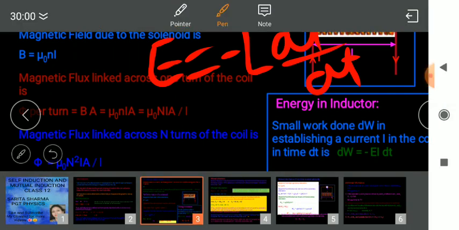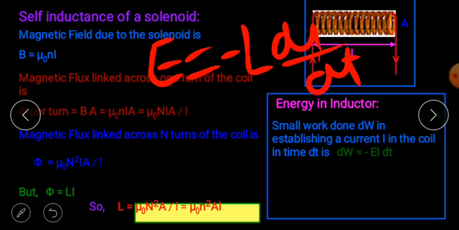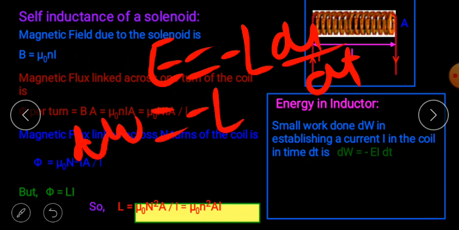We know that work done dw equals minus e into dq, and dq is equal to I into dt. So we can write dw equal to minus e i dt. I hope this is clear to you.